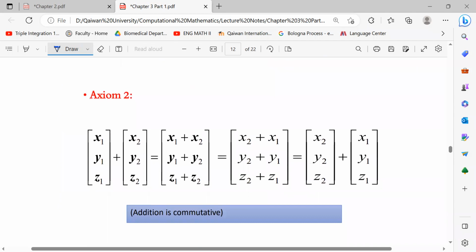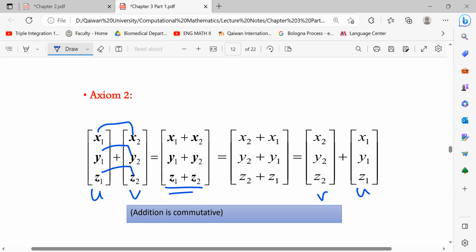Then for the second axiom, we say it is commutative. U plus V must equal V plus U. Okay? Look, U plus V, here the addition is the normal one. These two and these two, you get this. Adding two real numbers is commutative.